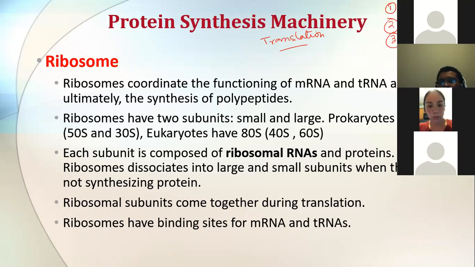Over here, we read the whole sequence and the cell makes protein. So this is the replication part, this part is the transcription, and this part is called translation.